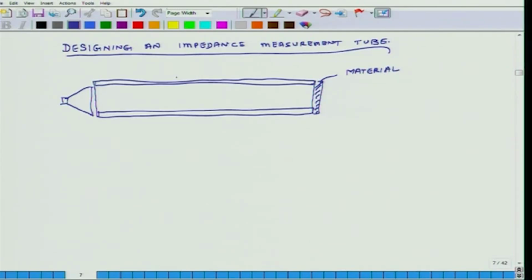Today we will look at some of the important dimensions of this tube, and how we can determine them. The spacing between microphones is S, this distance is L, the inside diameter is D, and we also have to figure out the material of the tube.